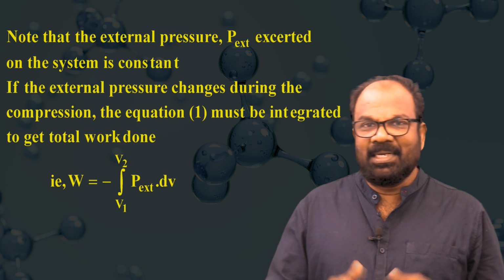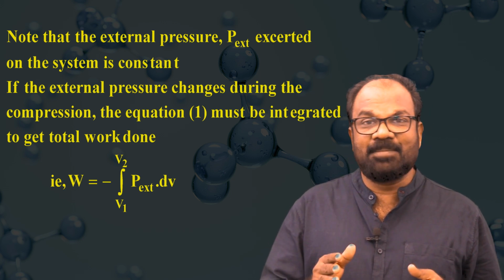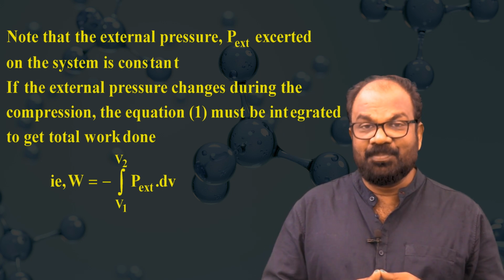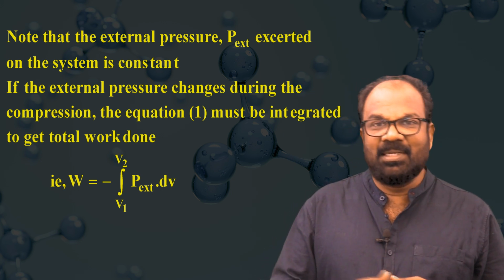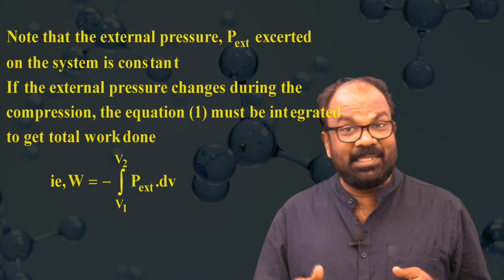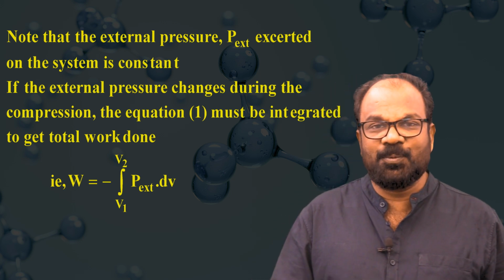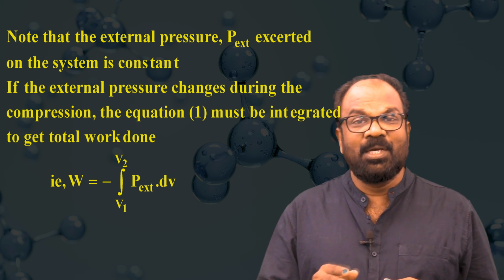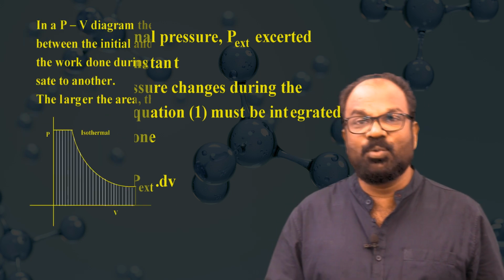Please note that here the external pressure exerted on the system is a constant. If the external pressure changes during compression, in order to get the total work done, equation number 1 must be integrated between the limits V1 to V2. That is W is equal to integral of V1 to V2 of minus P external into dV.